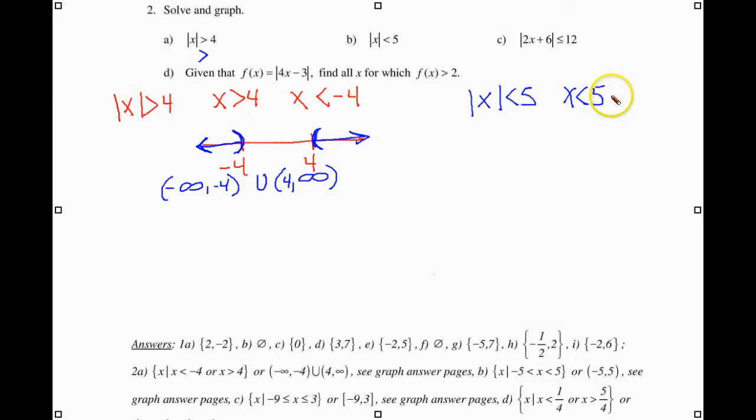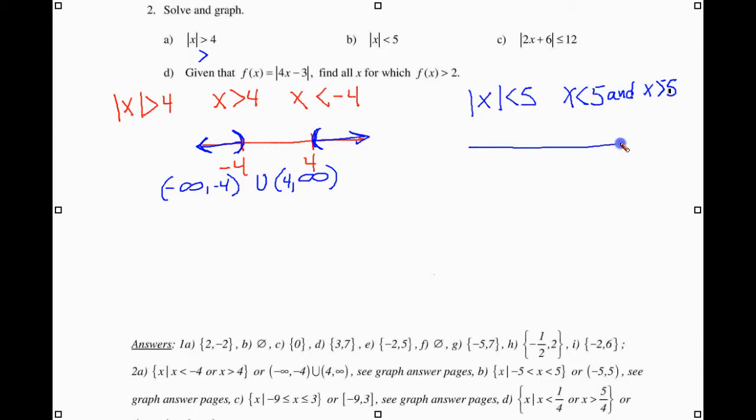And the word here now is we're going to put and rather than or when it's a less than for absolute value. And it appears x is greater than 5. We have to reverse the sign, and that would be a negative 5. Reverse this sign, and then opposite sign.